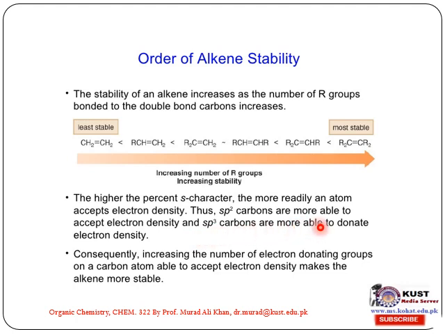The sp2 carbons are more able to accept electrons because there is more s character in sp2 carbons, and the higher the percent s character, the more readily an atom accepts electron density. The sp3 carbons are more electron donating. So, increasing the number of electron donating groups on a carbon atom able to accept electron density makes the alkene more stable.